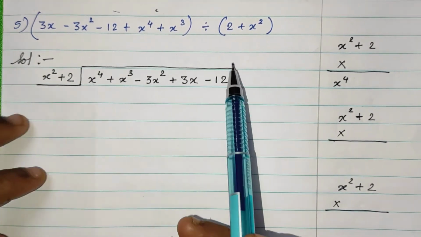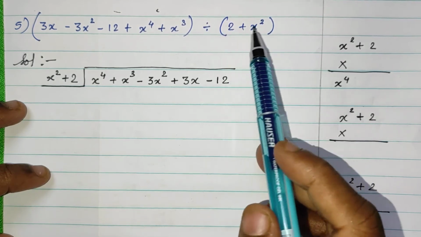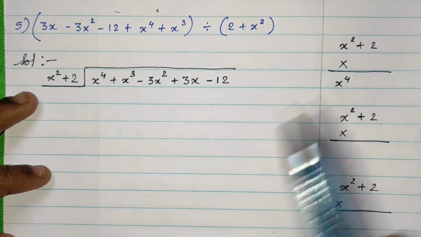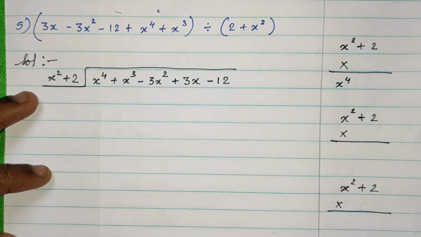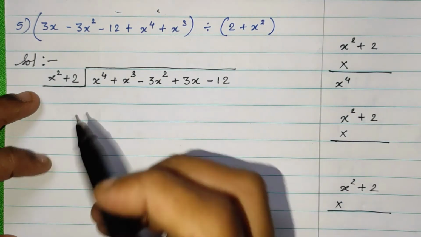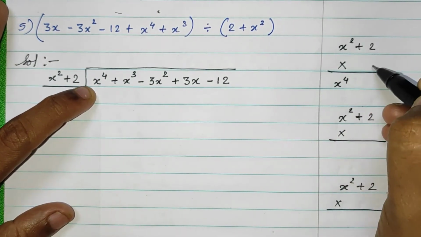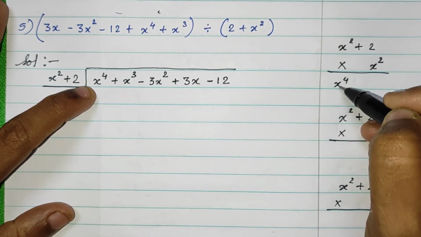So, after arranging, see this divisor is also not in correct order. So, we have to make that also in correct order. Now, x square plus 2 multiply by, see now the first we need x4. We already have square, so only square left. It becomes x4.